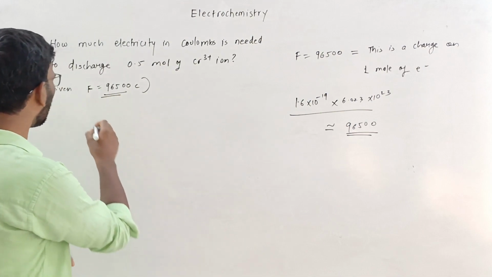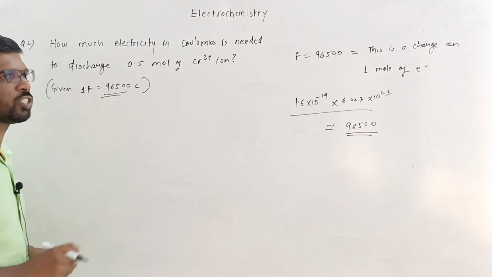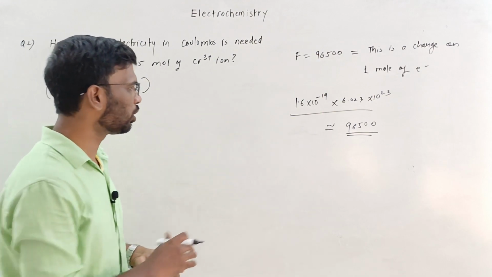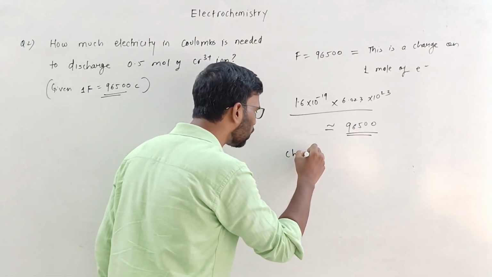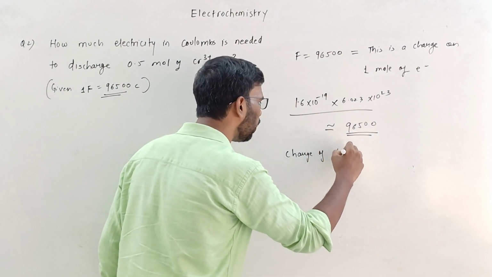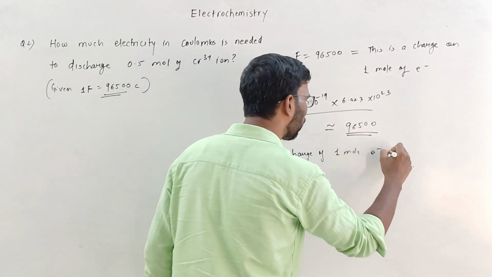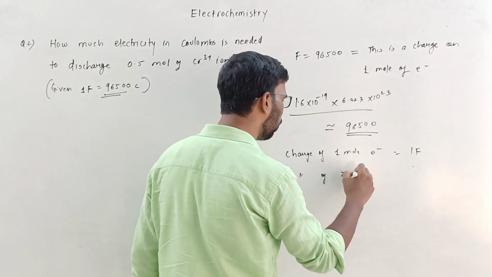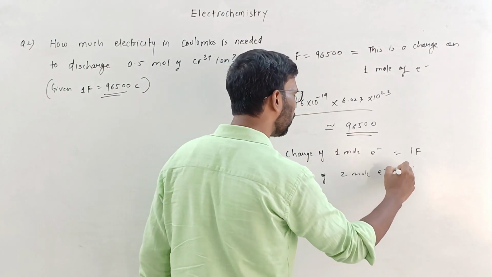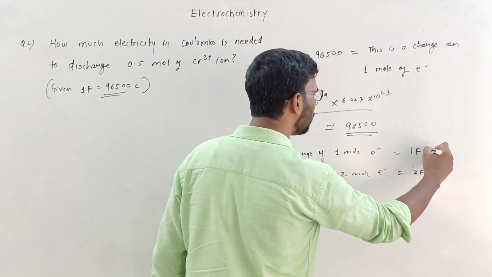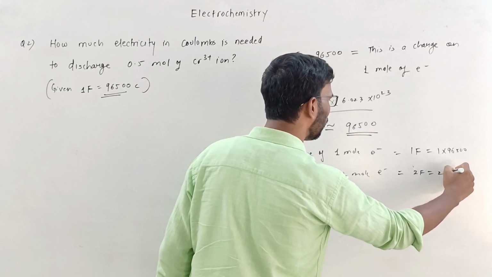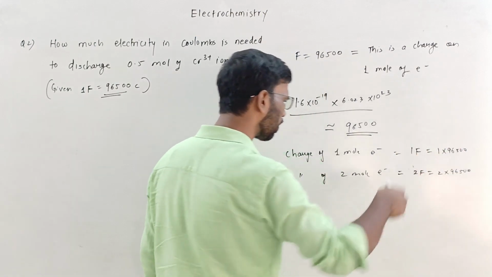So 1 farad is equal to 96500 coulomb, means the charge on 1 mole of electron is equal to 1 farad. Same way, the charge of 2 moles of electron will be 2 farad, which is equal to 2 into 96500. That way it is, right?